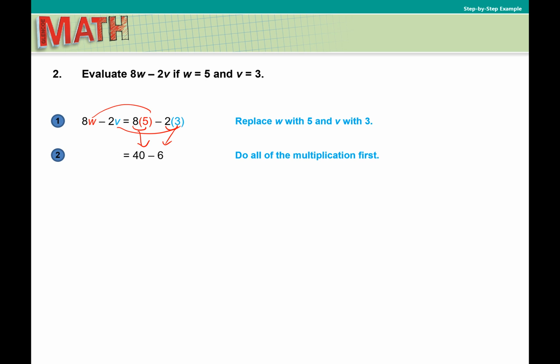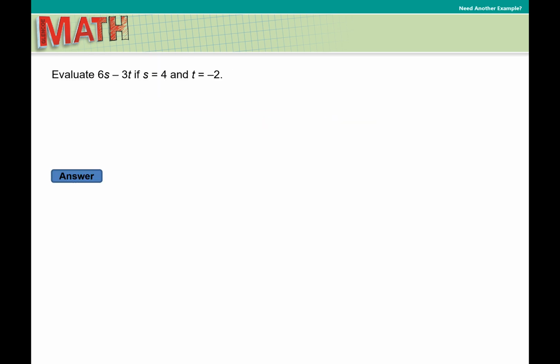And then my dear Aunt Sally. So subtraction is last. So you subtract those two and you get an answer of 34. So all we've done different here is we just have two different variables. And we solve each of those variables first and then do the subtraction. Okay, you go ahead and do this one here and check your answer when you're done.